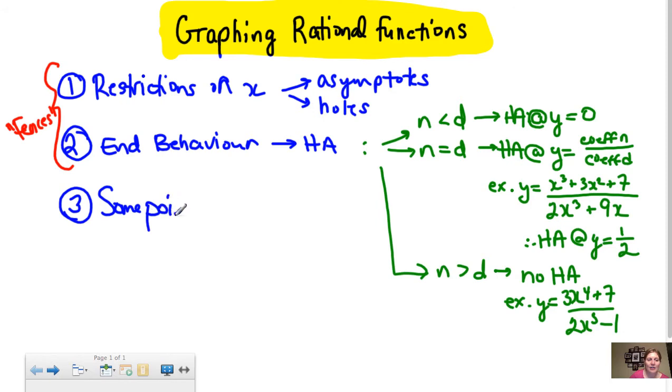And they're going to occur between the fence boundaries. So some of the points I might want to consider are my x and y intercepts, because those are the easiest, but sometimes they don't give us enough information, and so I might have to look for some other points if necessary.